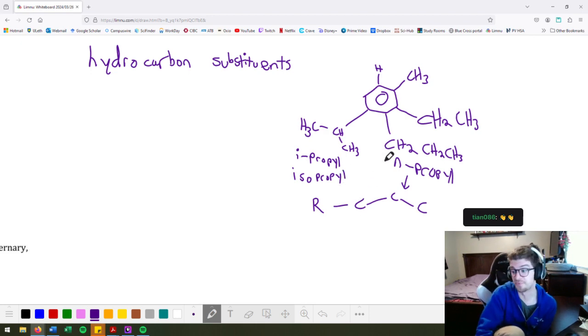And that may sound familiar from things like isopropyl alcohol, where there is a hydroxyl group attached at the middle carbon of a propane chain. And so that is why it is so named.